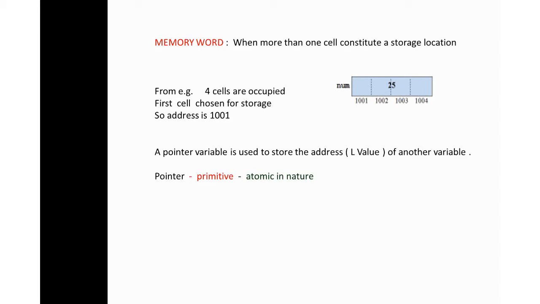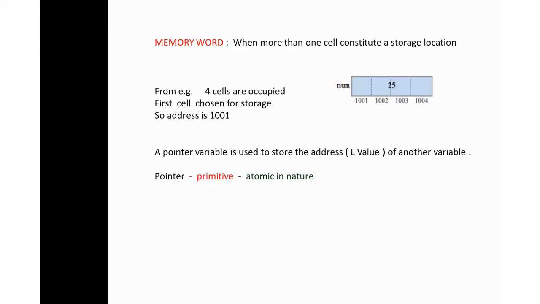Memory word. When more than one cell constitutes a storage location, it is called a memory word. The best example is your integers. Integers occupy 4 bytes, so each single byte is stored in one cell.